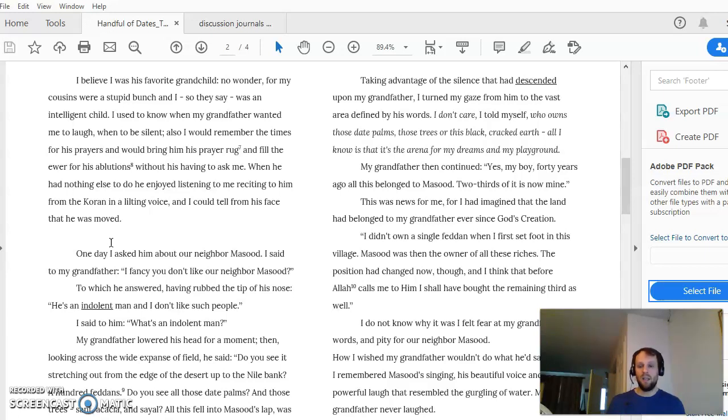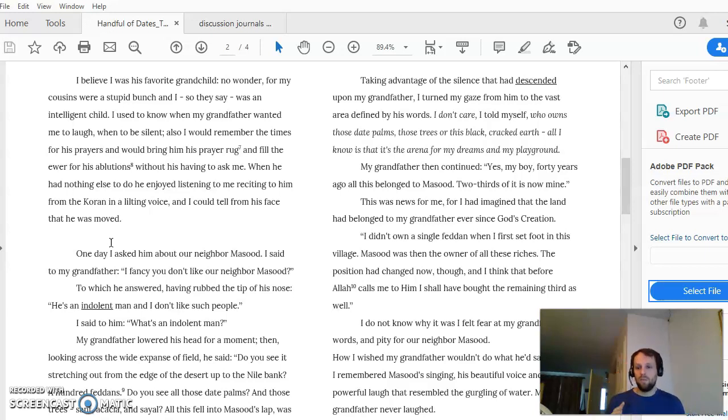He thinks that Masood has just wasted his life. But you don't have to take my word for it. It's here in really plain language. So we start off on page 2 with a perspective of Masood that is really the grandfather's perspective.